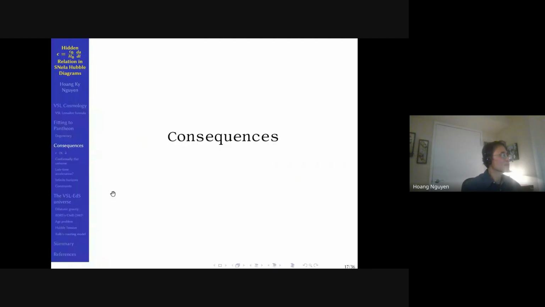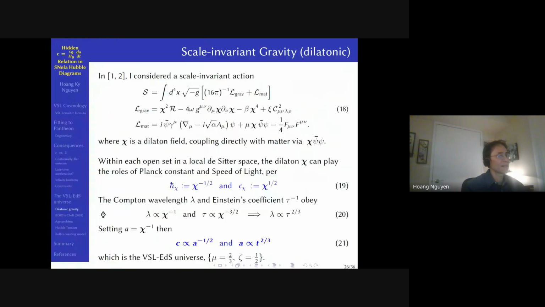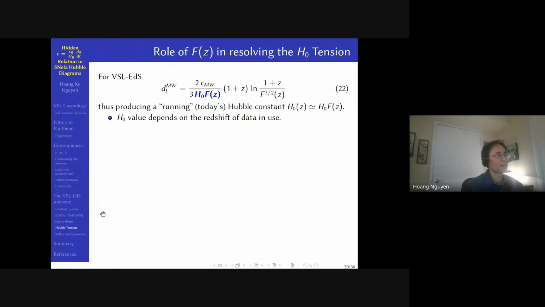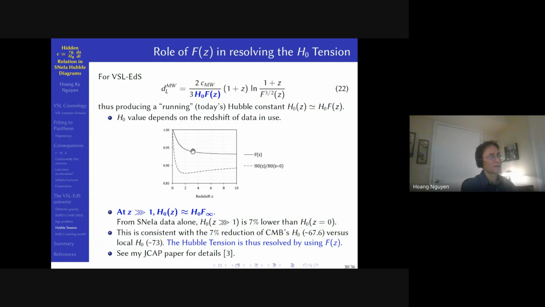So look at it again. There is this 7% drop, and when z is very, very large, this term becomes x naught infinity.